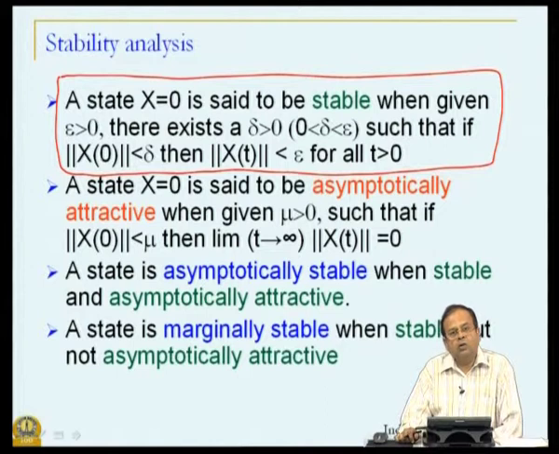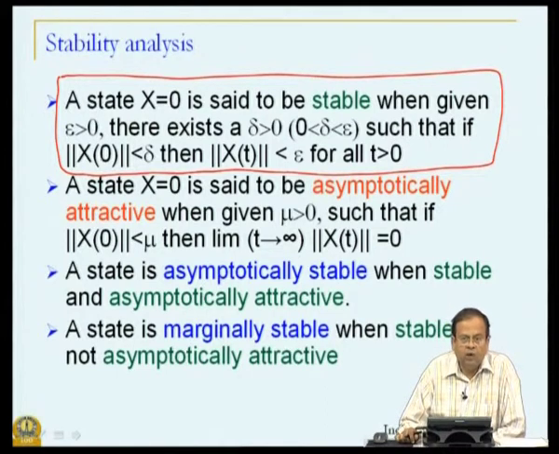Now, let us simplify this for a two dimensional problem to see what is actually the definition of stability.